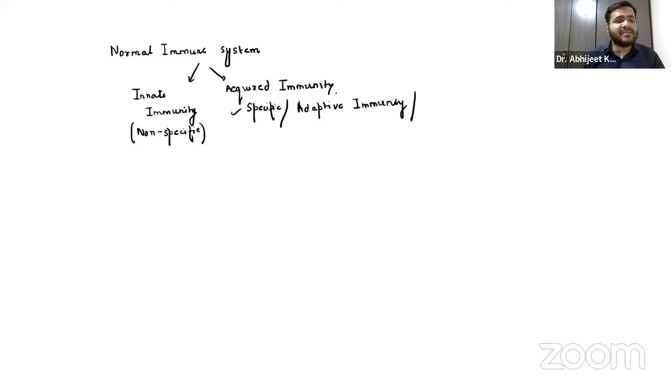Now, guys, let us bring out certain differences between the innate and the adaptive or acquired immunity. The innate immunity is dealt with by certain cells of the body.